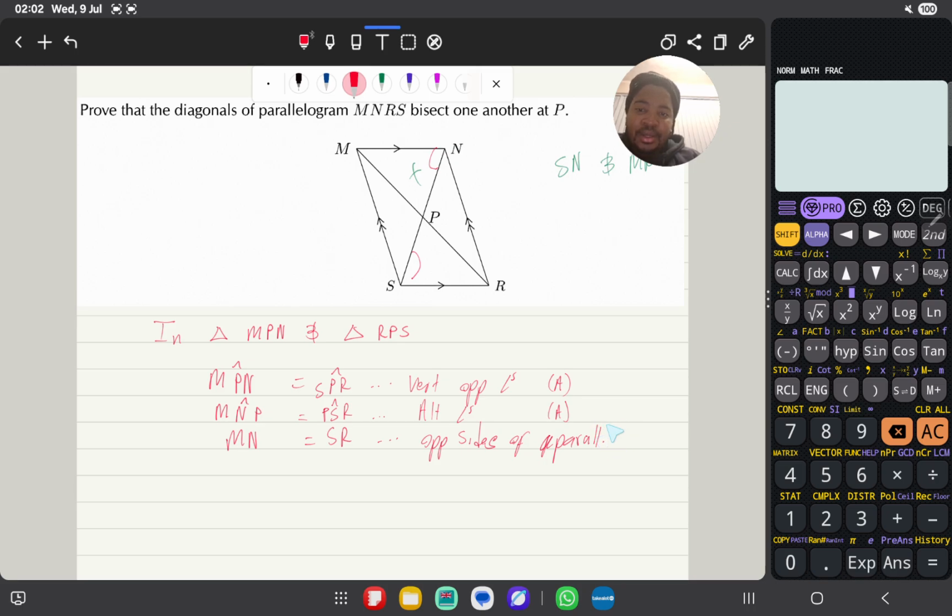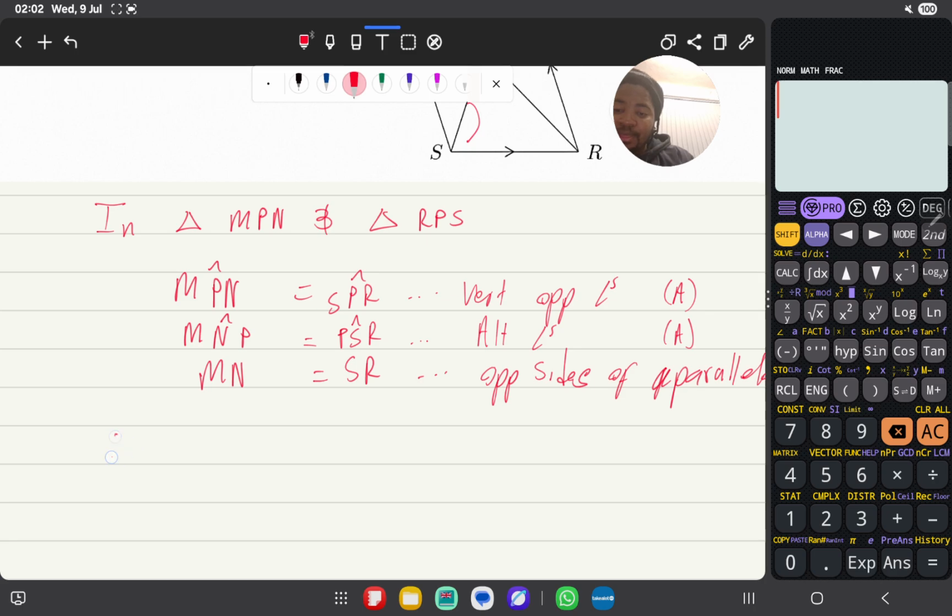Yeah, parallelogram. That was long. So this is a side, right? So you see AAS, that means therefore triangle MPN is congruent to triangle RPS, right?